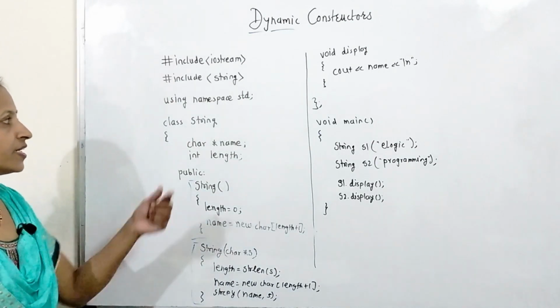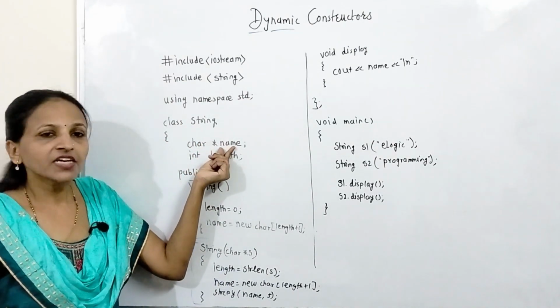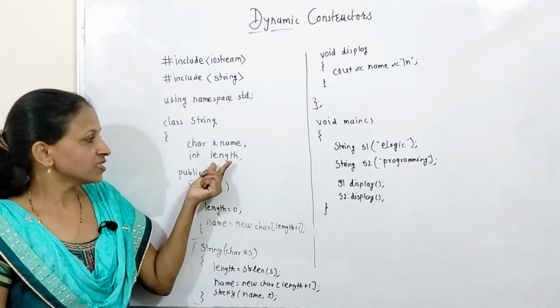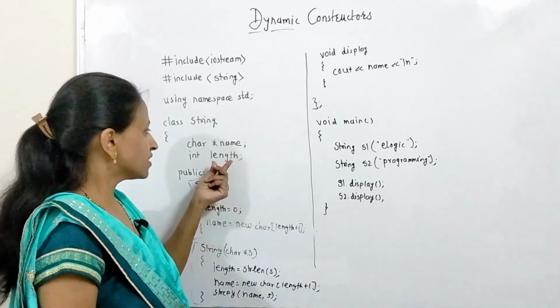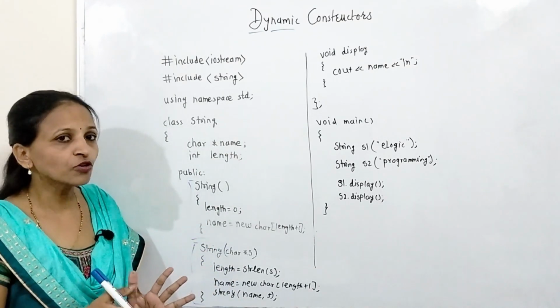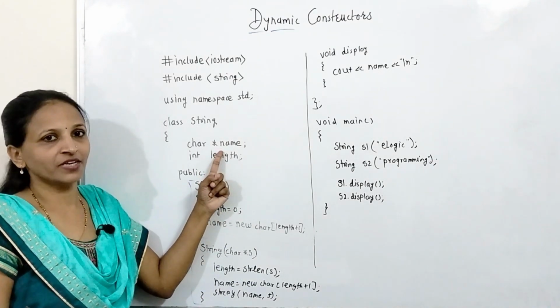Okay. See here, I have created one class String and it internally has name and length. Length is again an important part because it will hold the number of characters inside that string. And name, whatever string you want to store dynamically, its address we are going to store inside this name variable.